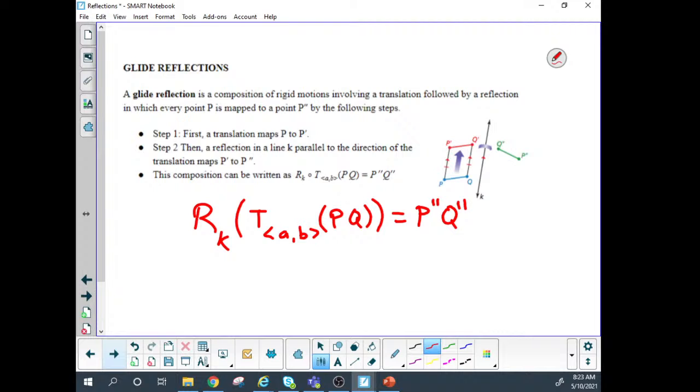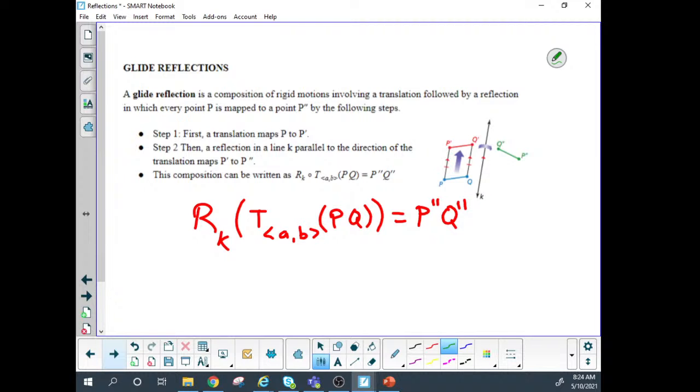With the glide reflection, does it matter the order that you do things? We've learned with compositions it does, right? But what about with a glide reflection? Why are you saying no, Jack? Well, I was just thinking about it, because if you slide it down and then flip it, it would be the same if you flip it and then slide it down. Right.